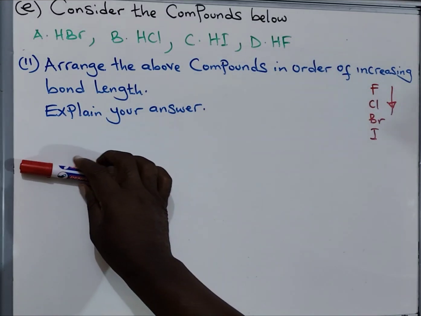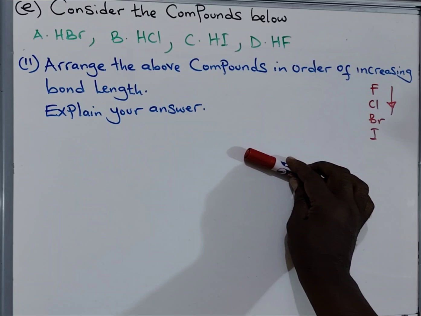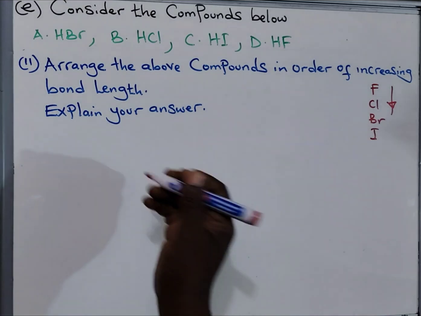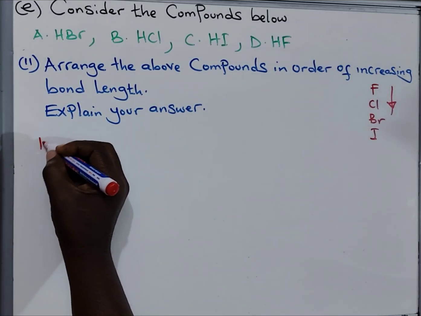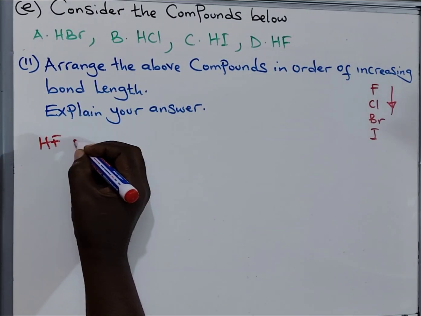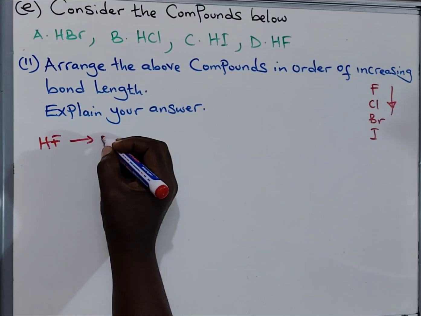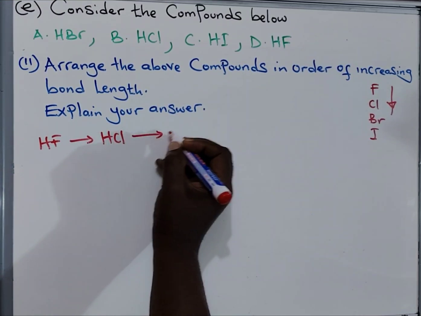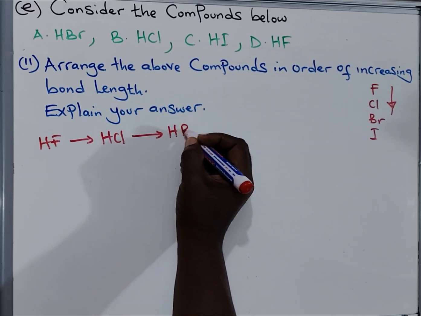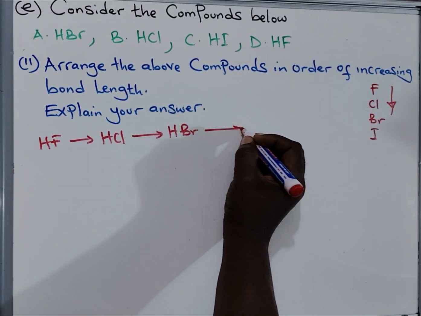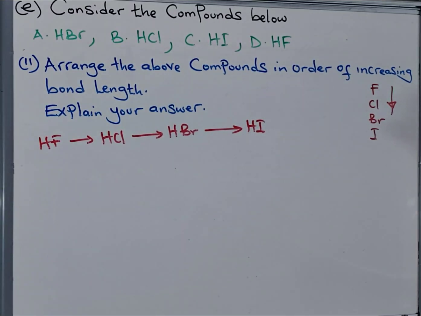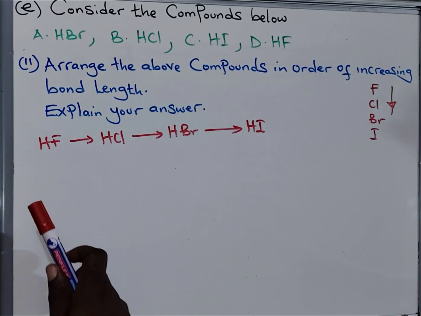So they say in order of increasing bond length, which means that the order is going to be hydrogen fluoride, followed by hydrogen chloride, followed by hydrogen bromide, followed by hydrogen iodide, in that order. And what's the reason?